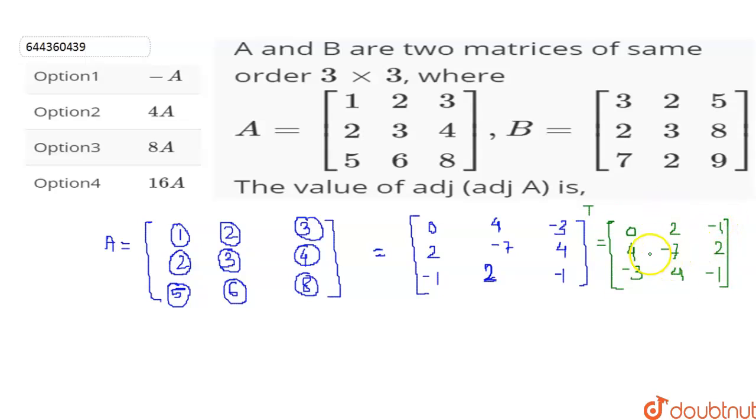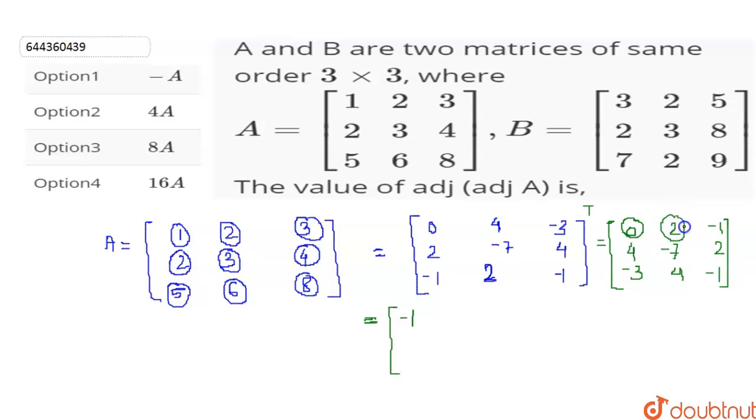So to calculate the value of adjoint for this matrix, we are going to follow the same procedure. For the first entry, we are going to find the determinant value of this matrix, minus 7 into minus 1 minus 4 into 2, so that gives us 7 minus 8, that gives us minus 1 with no sign change.